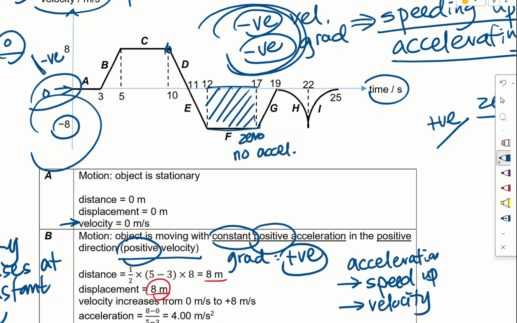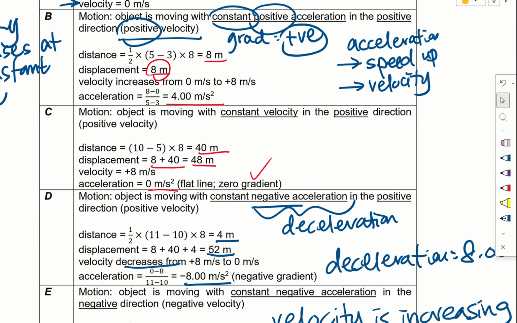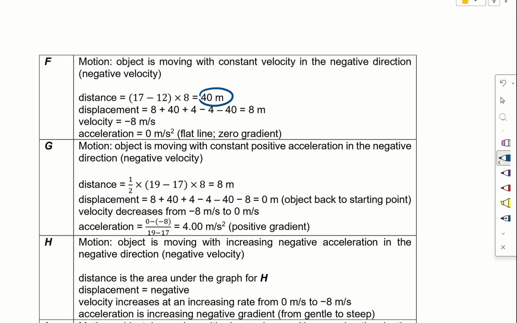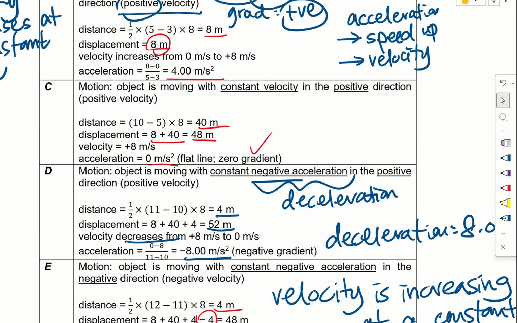So over here is 5 and here is 8. So the distance traveled over here is 40 meters. But because it is moving in the opposite direction, now my displacement is only 8 meters from the original. Okay, let's look at G.